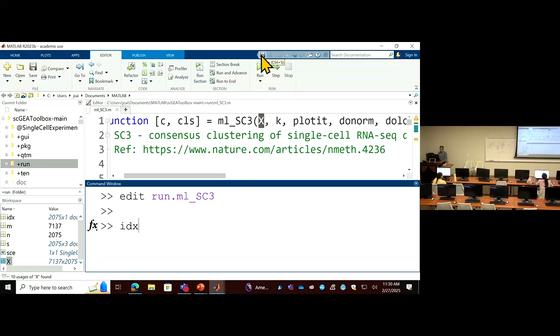So let's just write this out. Put X here, and this put ML underscore capital SC3. Okay, so this is how you use the algorithm.